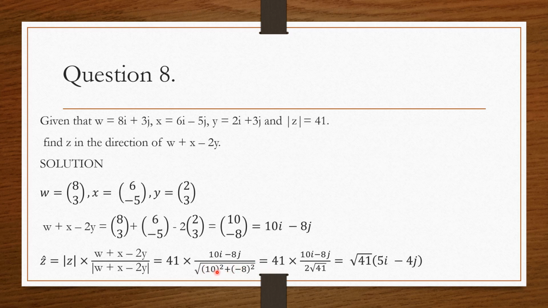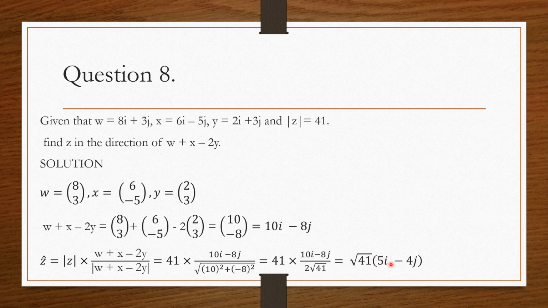So this is 100 plus 64. Okay, 100 plus 64 will give us 164, and if we simplify further, it will be 2 root 41. Okay, so we rationalize. If you take the rationalization of this, you now have root 41 bracket open 5i minus 4j.